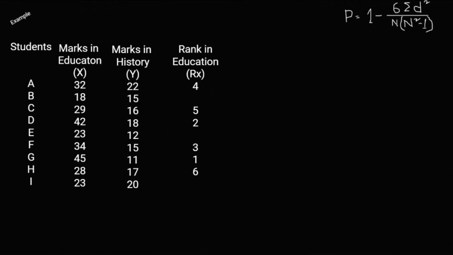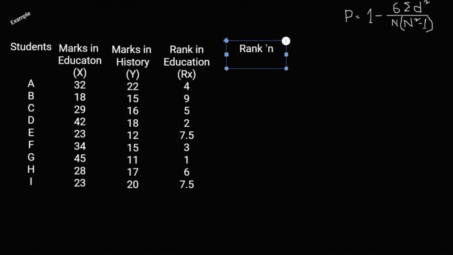In this case we add the two positions, 7th plus 8th, and divide by 2, which equals 7.5. Both scores get rank 7.5. Then 18 gets rank 9.